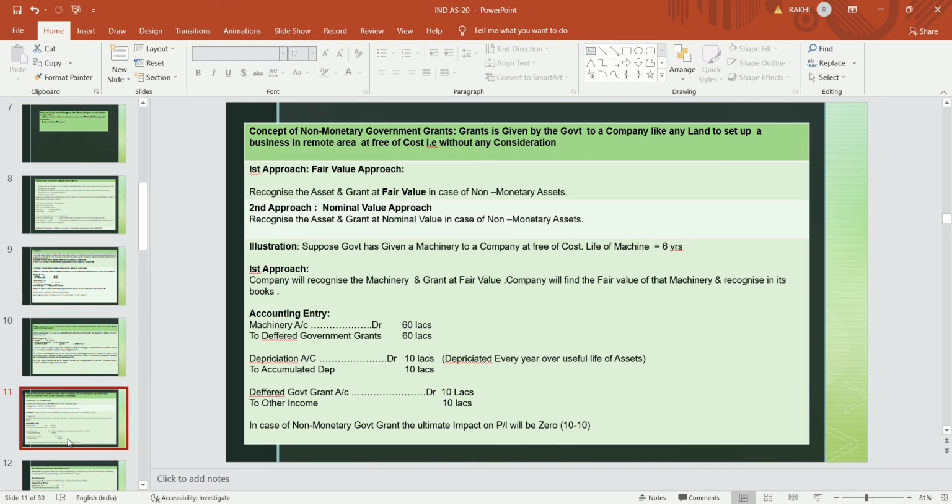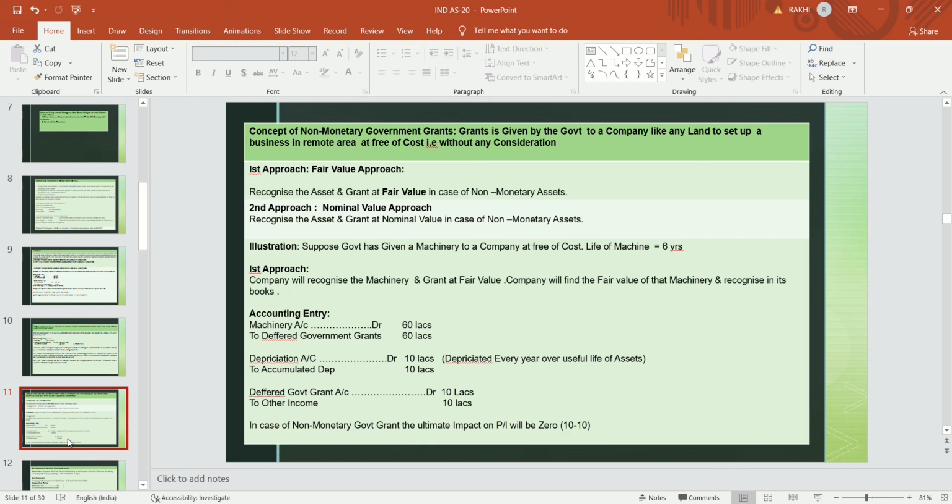This can be explained via an example. Suppose the government has given machinery to the company free of cost. The life of the machinery is 6 years. The first approach is the fair value approach. The company will find the fair value of the machinery and recognize the machinery and grant at fair value in its books.